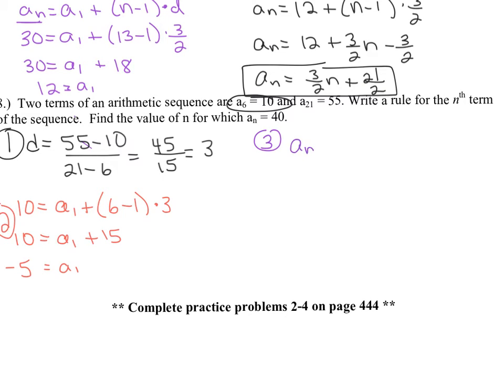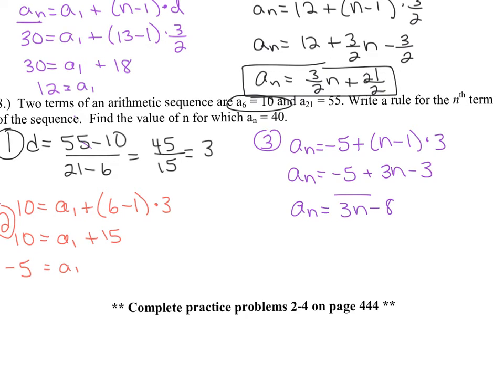So a sub n is equal to the first term, which was negative 5, plus n minus 1 times 3. So a sub n equals negative 5 plus 3n minus 3. So in general, we get 3n minus 8. So that is the rule for the nth term.